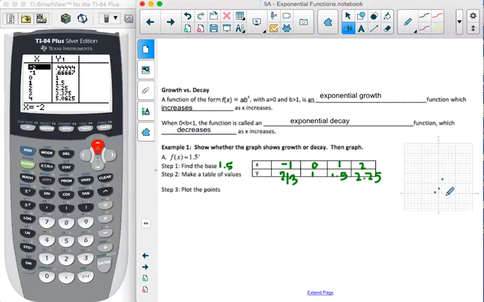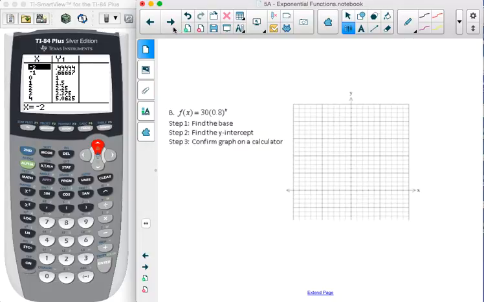I'm kind of coming up with my own scale. 2 would be 2.25, something like that. It's really important that I don't draw it just going straight down, because it doesn't go straight down, and it's going to have that horizontal asymptote here at 0. And unless we move this exponential graph up or down, it's always going to have that horizontal asymptote of 0.